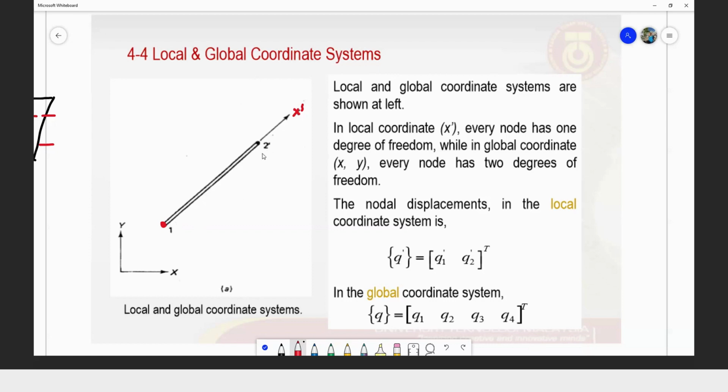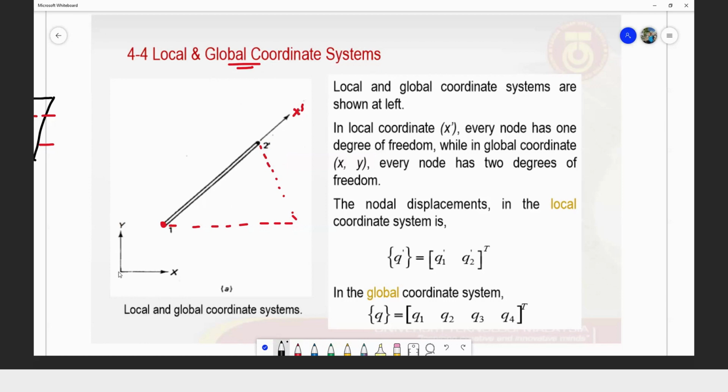Tapi kita perlu ingat lagi tadi yang kita punya structure ni dia mungkin dia adalah plane trusses. Dia adalah dalam bentuk segitiga. Then this plane trusses is interconnected with other elements lagi kan. And then when to view our structures in a bigger picture, then we have to use a global coordinate system. So the global coordinate system, which is often the Cartesian coordinate system, is usually drawn as shown here.